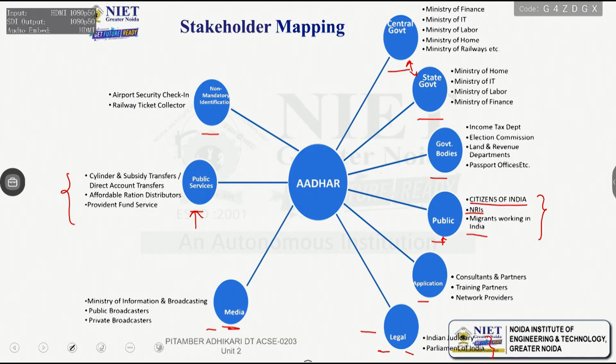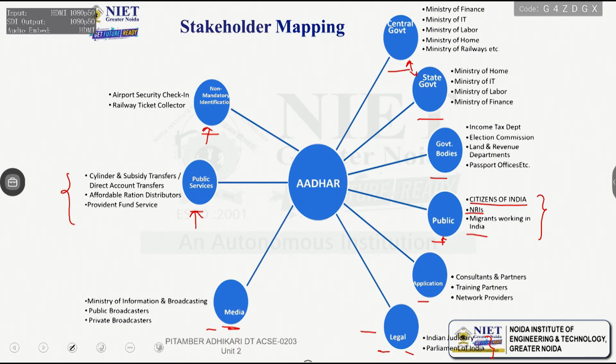After public services, the next category is non-mandatory identification. What is this non-mandatory identification? Sometimes it is not necessary to use Aadhaar. In that case it comes under this category, like whenever we travel through railways or airlines. In that case we can show our Aadhaar card as our identity, but it is not actually necessary.